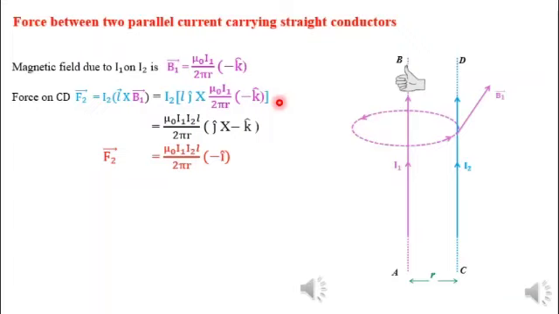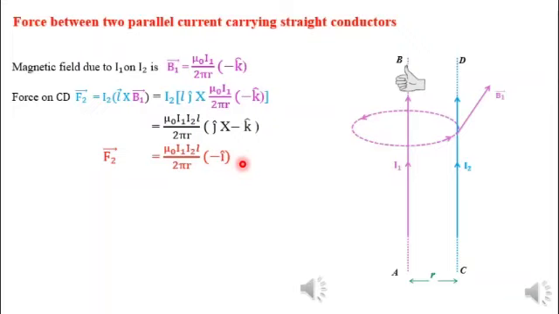Take the magnitudes outside. So the expression becomes mu 0 I1 I2 L divided by 2 pi r into j cross minus k. Since j cross minus k is minus into j cross k, which is minus I cap.